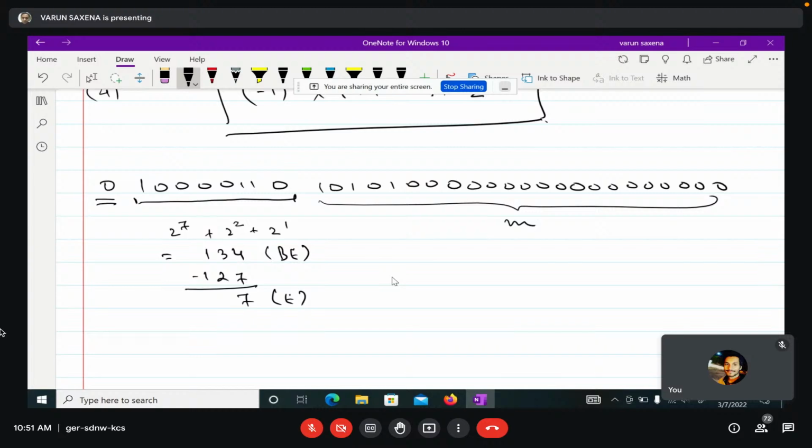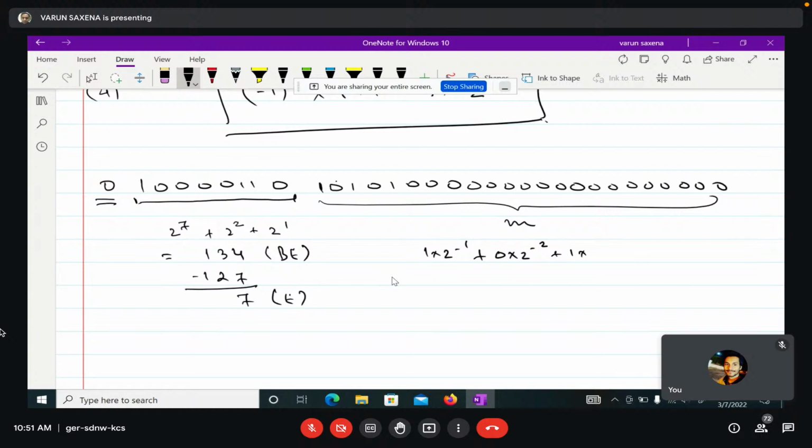Okay. So you need to write the decimal equivalent for this Mantissa. So we start from this 1. So this is 1 into 2 to the power of minus 1 plus 0 into 2 to the power of minus 2, which is this 0.